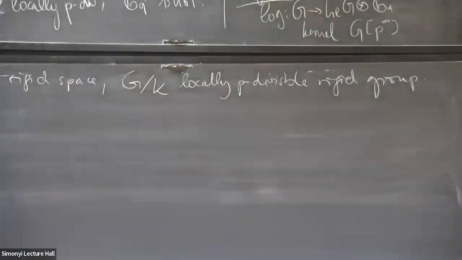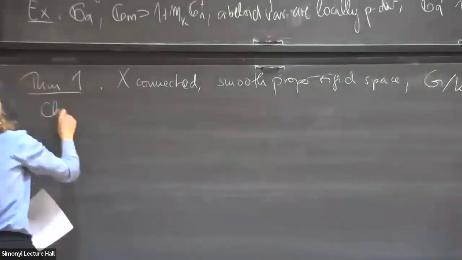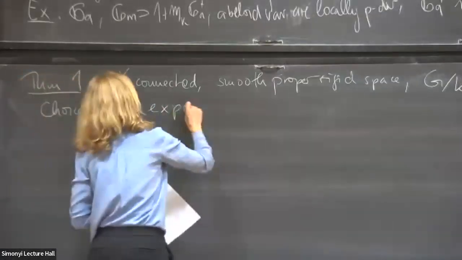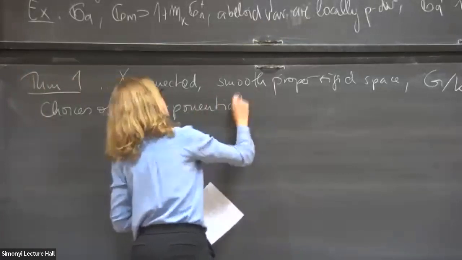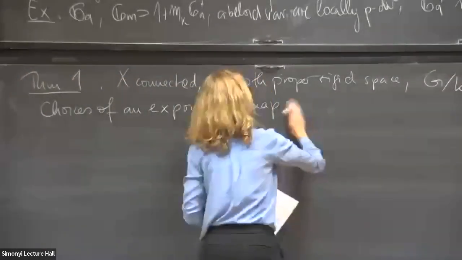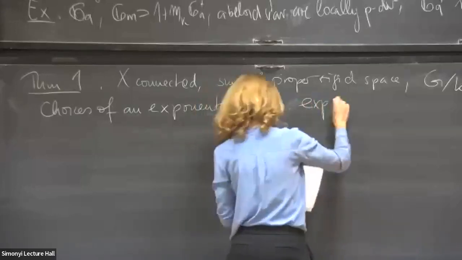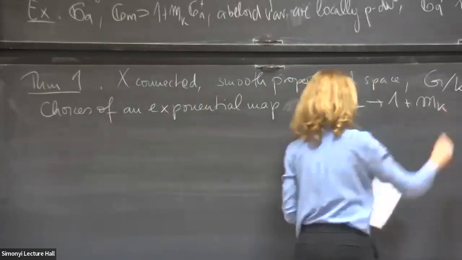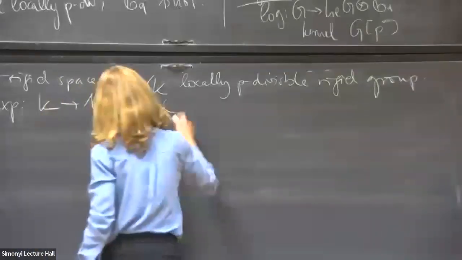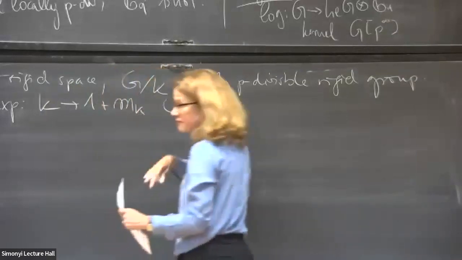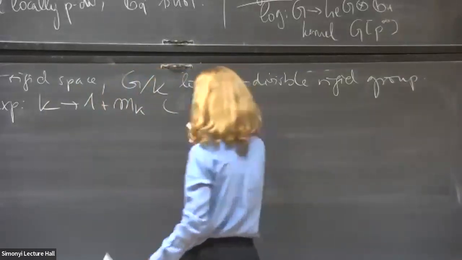Then choices of an exponential map for K. So this would be a map from 1 plus the maximal ideal, and an exponential map is just something splitting the logarithm map, which you can define by its usual series.